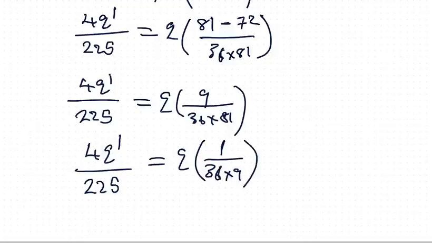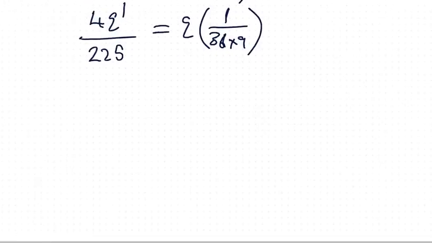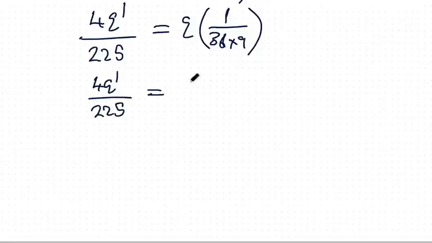So at this point, we can decide to make q prime the subject of the formula. Although, let me simplify it further a little. I have 225 is equal to q divided by 36 by 9, which will be 324. You can use your calculator.